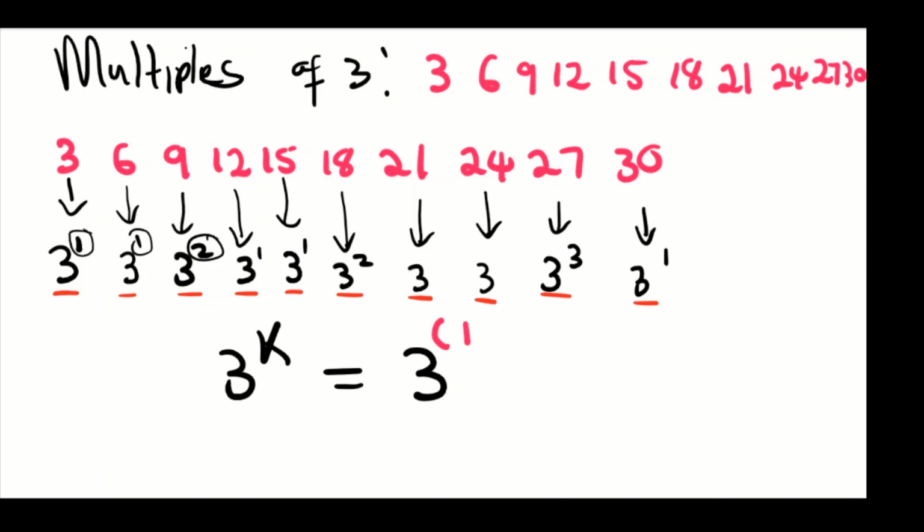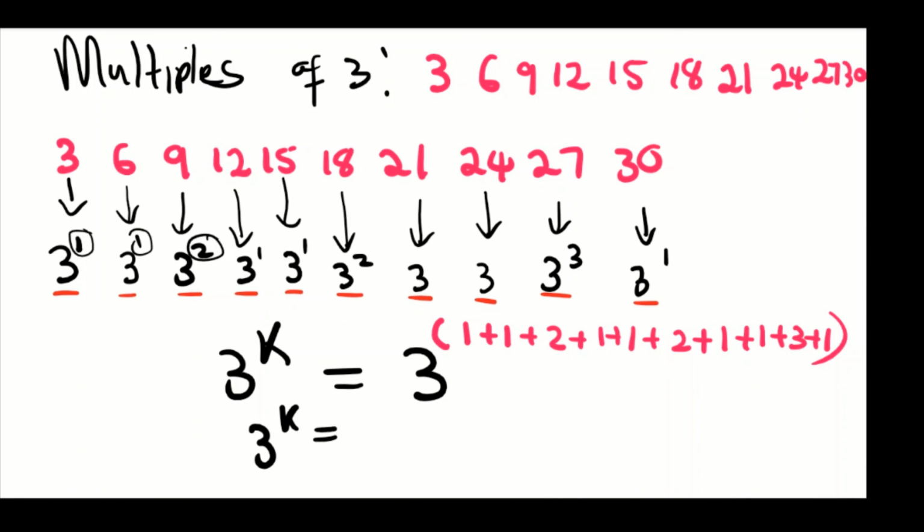So it's going to be 1 plus 1 plus 2 plus 1 plus 1 plus 2 plus 1 plus 1 plus 3 plus 1, right? So by adding the exponents, we have 3 to the power of k being equal to 3 to the power of 14. So this concludes now that the largest or maximum value of k is equal to 14 for this problem here.